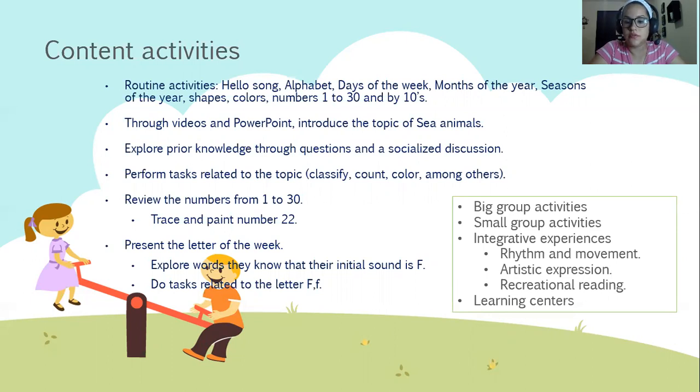And recreational reading: I used to send them videos with short stories about the letter of the week or the number of the week, focusing on those specific skills. And the learning centers, since we are in virtual classes, we do not have learning centers. They need to do all the tasks at their homes.